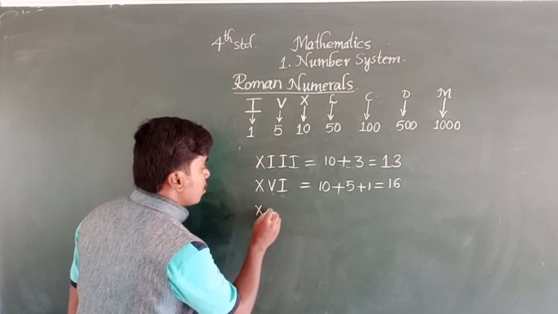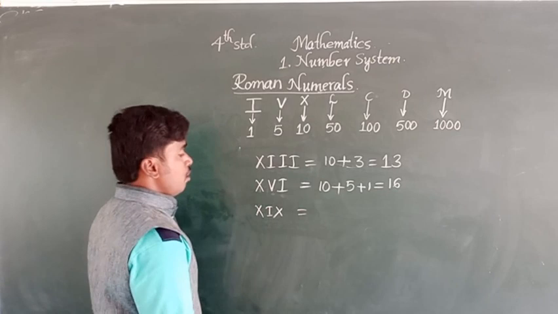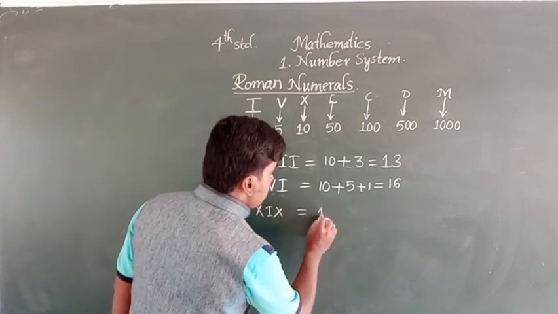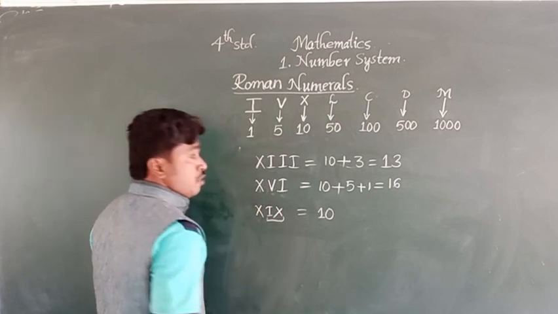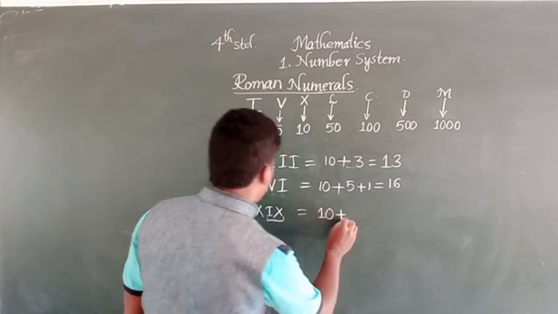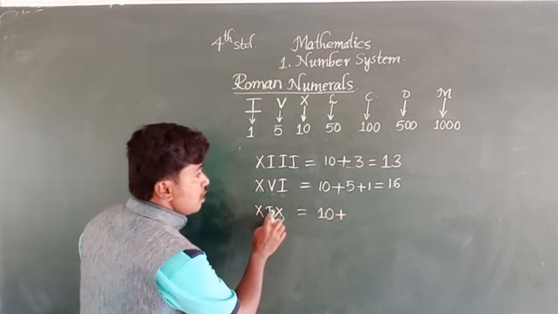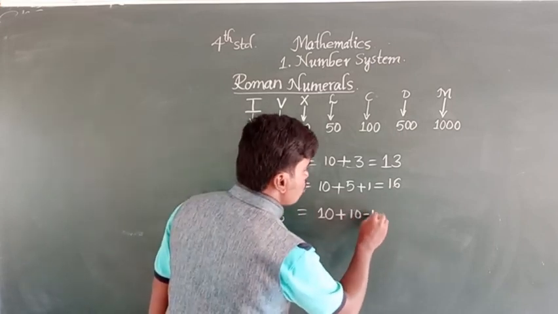XIX. Observe here, X indicates that 10, IX. So how have they written? Plus 10 plus I is written on the left side, you should subtract it. 10 minus 1.